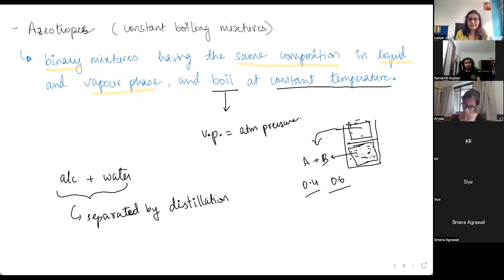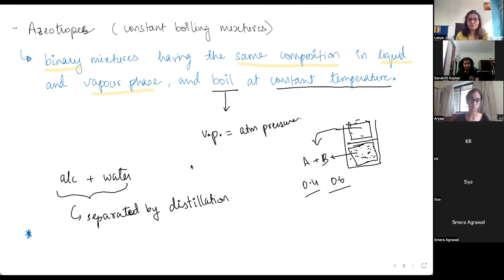That's the main reason why we want to learn about them, because if your intention is to separate out parts of a solution, you don't want it to be an azeotropic mixture. Or if you want both the components to go into a reaction, or basically if you want both the components to be together, then you ensure that it's an azeotropic mixture so that they don't accidentally separate out when you boil them and all that.